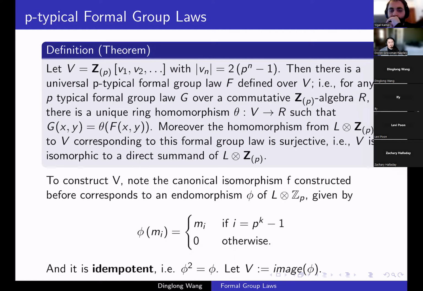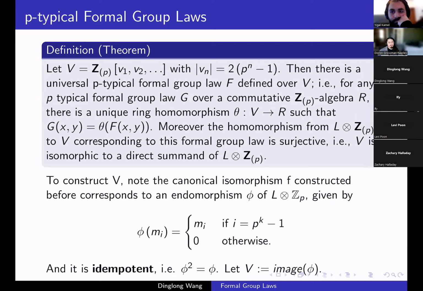Then there's a universal p-typical formal group law F defined over V. In other words, for any p-typical formal group law G over a commutative Z_(p) algebra R, there's a unique ring homomorphism from V to R such that G(x,y) is induced by F(x,y) via this ring homomorphism. Moreover, the homomorphism from L tensor Z_(p) to V corresponding to this formal group law is surjective. In other words, V is isomorphic to a direct summand of L tensor Z_(p).